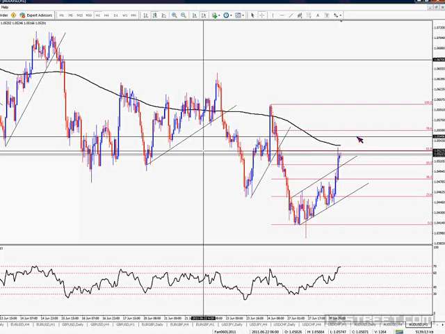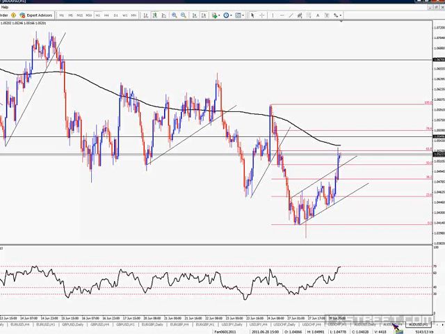You see the 200 moving average also there as well. So we have resolved the bullish divergence. RSI actually establishing some short-term bullish momentum, but this still could be classified as a corrective rally. Okay.